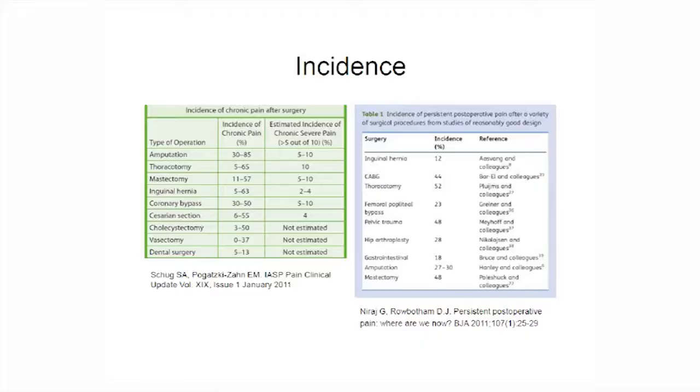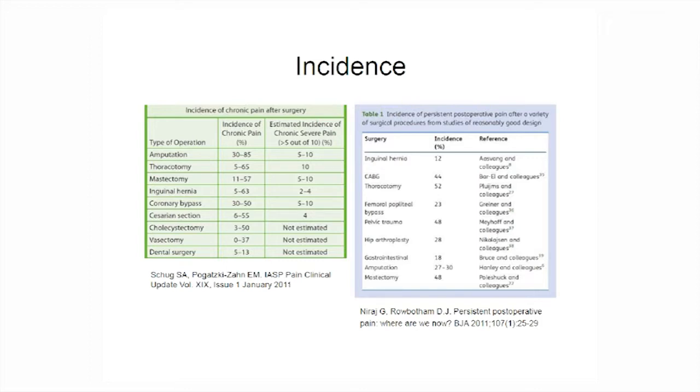Okay, so this is a more up-to-date slide on the incidence of persistent post-surgical pain. This is from 2011. And you can see that we're doing a lot more elective surgery now, particularly according to enhanced recovery guidelines. That pays the bills, pays the mortgage: rapid throughput, reduced length of stay.